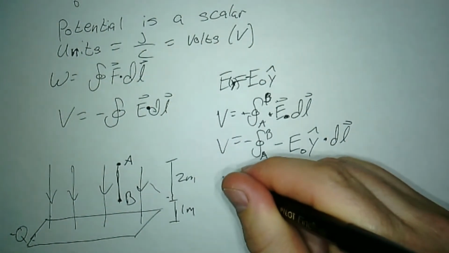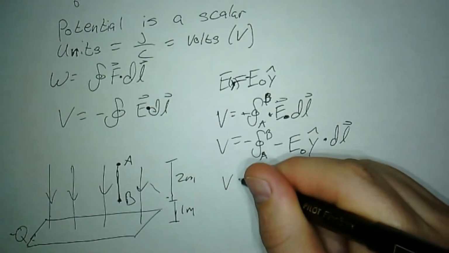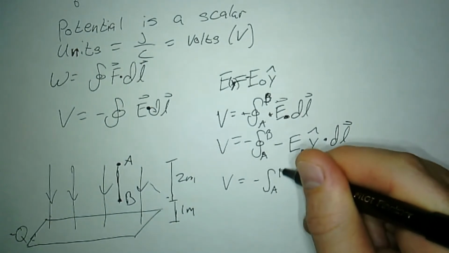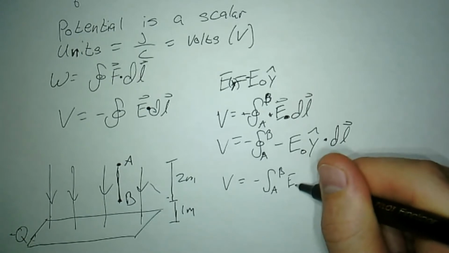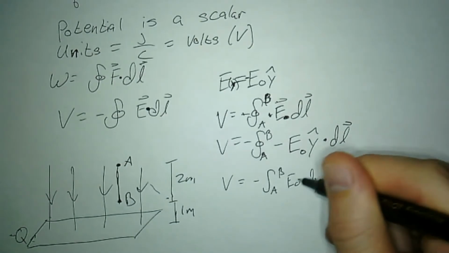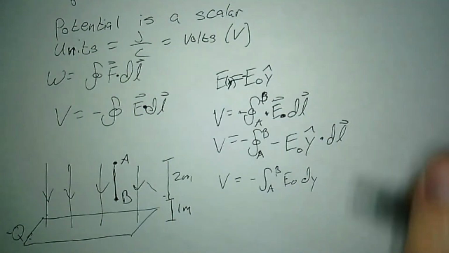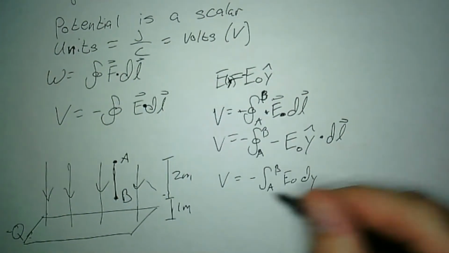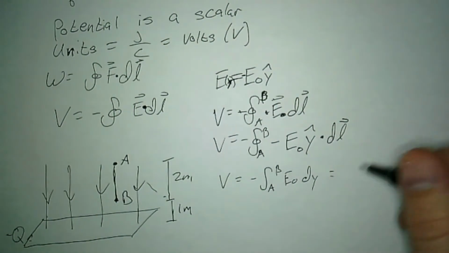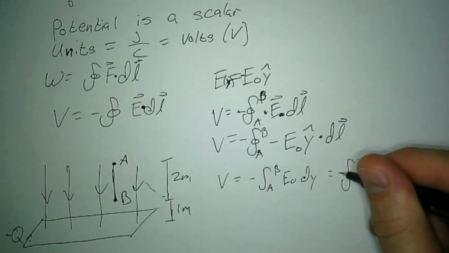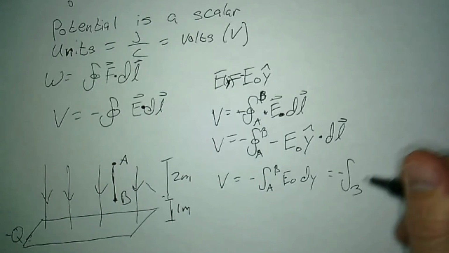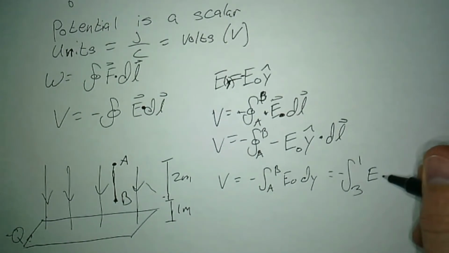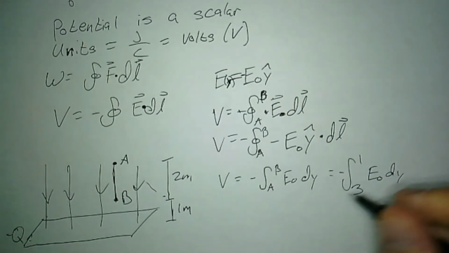So now when integrating this, this is a constant. So I'm going to say V is equal to minus the integral from A to B of E naught dy, because we're just picking out the y variable. That's what that dot product does for us. And I now can change my bounds of integration and say this is going to be minus the integral from 3 meters to 1 meter of E naught dy.